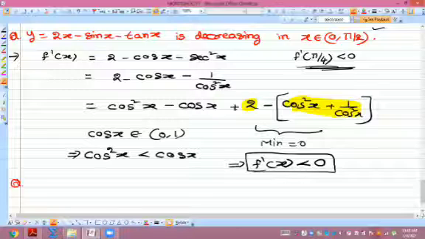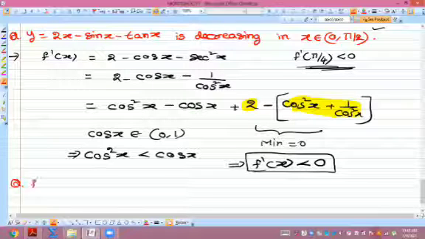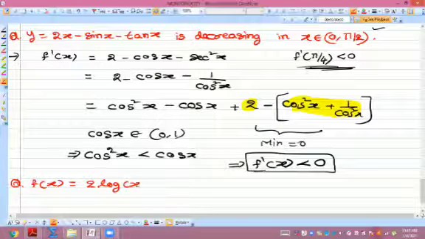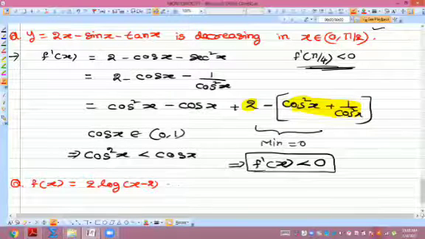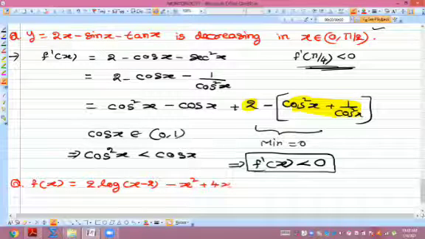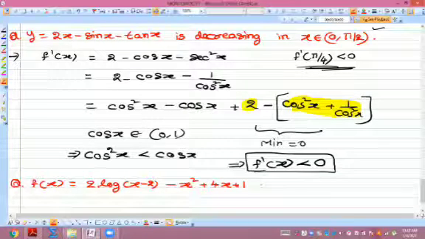So try one more question. f of x is equal to 2 times log of (x minus 2) minus x square plus 4x plus 1 increases in the interval.